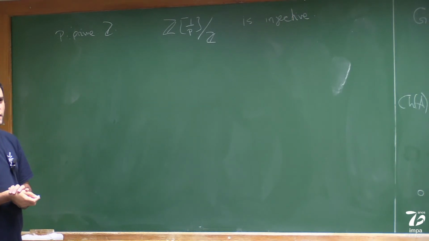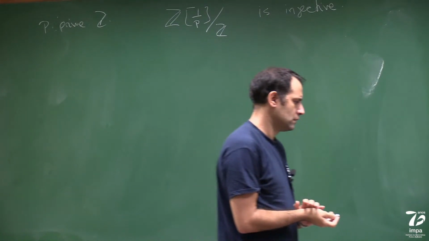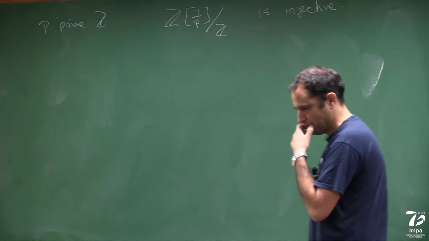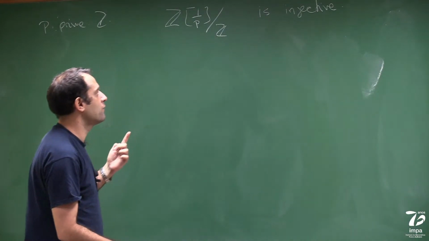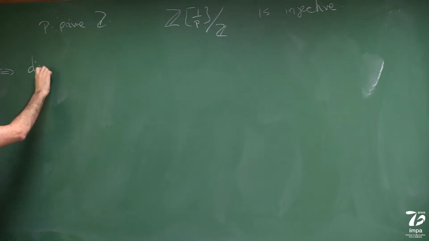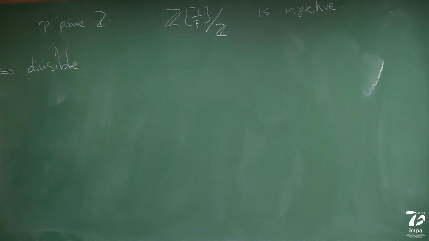Okay, so that's the localization at P. So I add inverses for P, and then I divide by integer numbers. So I claim that this is injective. So I want to prove that that is divisible. I need to prove that that guy is divisible as an abelian group.